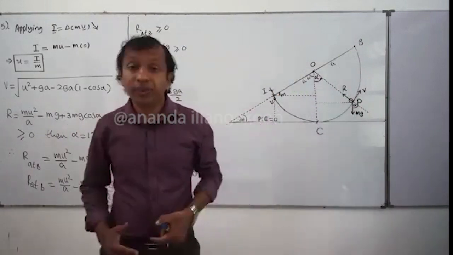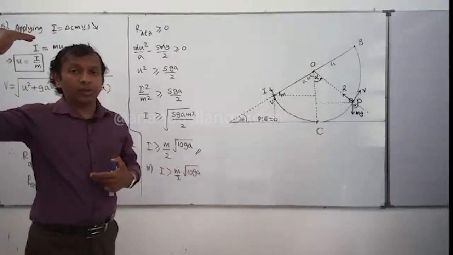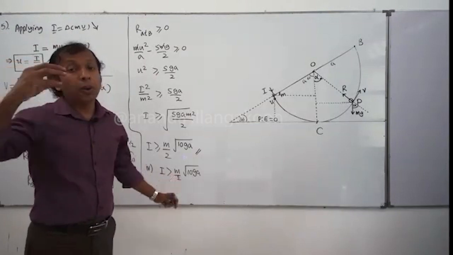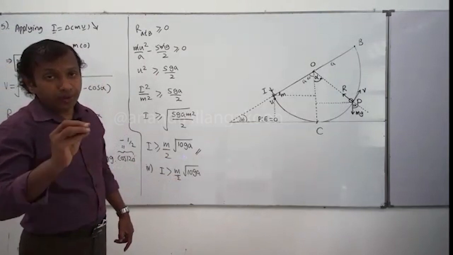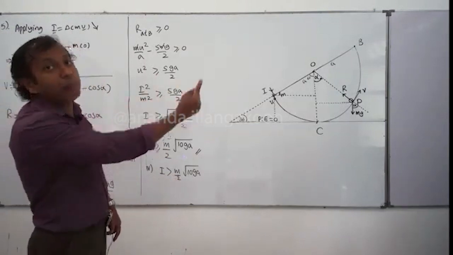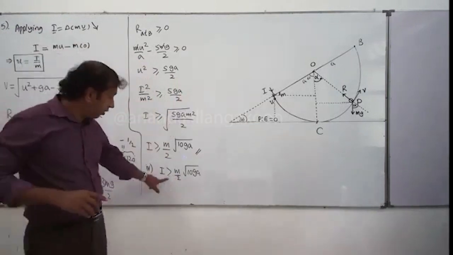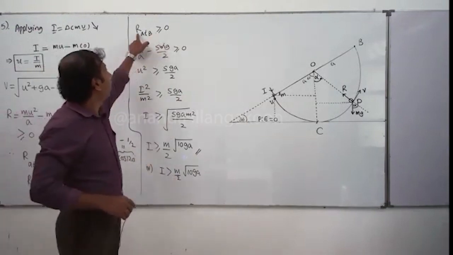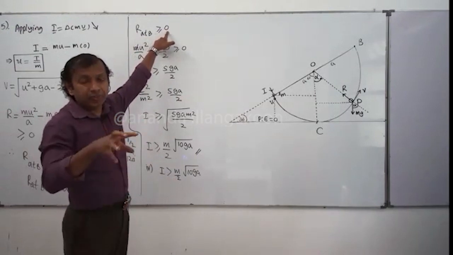That means the particle, anyhow, comes out into projectile motion. But this time, since I greater than this condition is used, the particle begins to move in projectile motion, coming out from B. That's the meaning of this. At the point B, the normal reaction acting on the particle is positive.